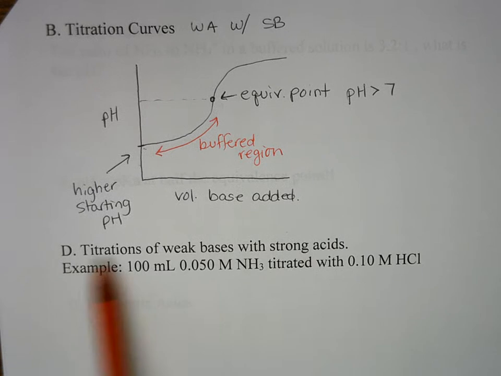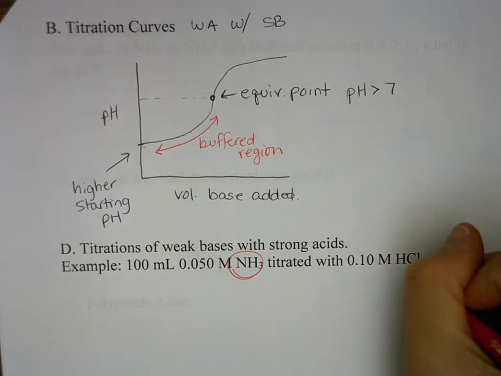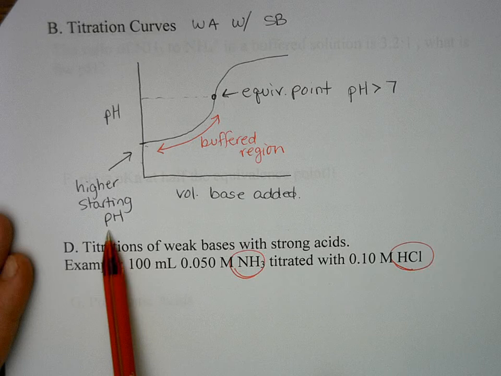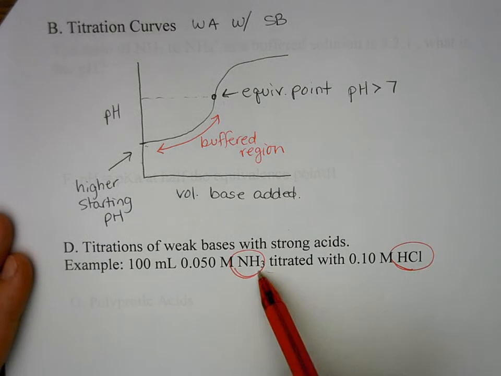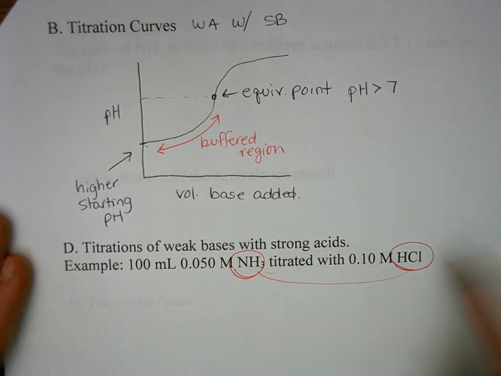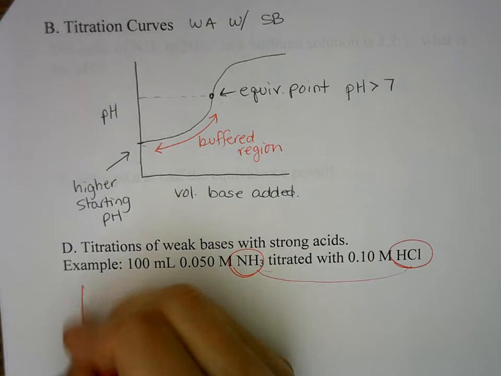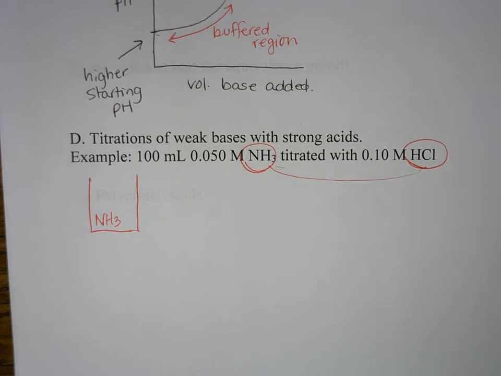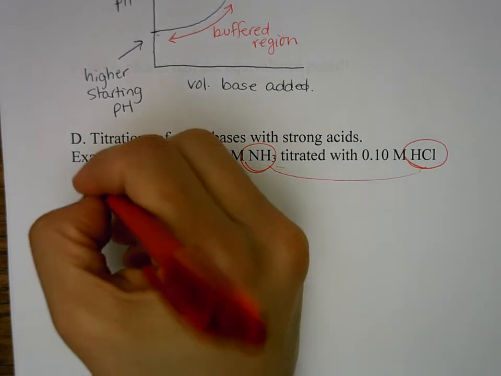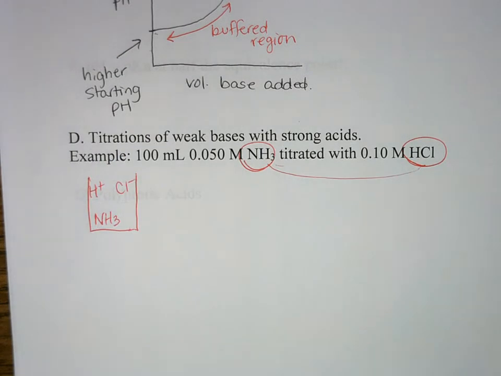For this next one, I'm not actually going to do this example because the process is the same and the calculations are the same. The difference is just the equation. Instead of writing out the whole thing, just write down NH3 and HCl. When you have NH3 in the beaker and you add HCl to it, hydrochloric acid ionizes.